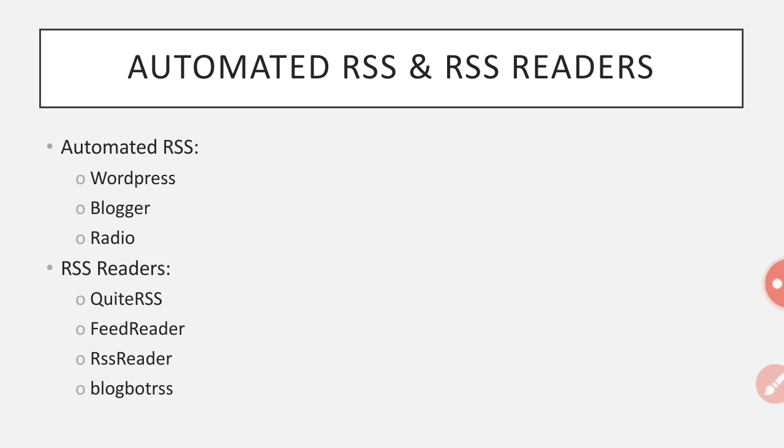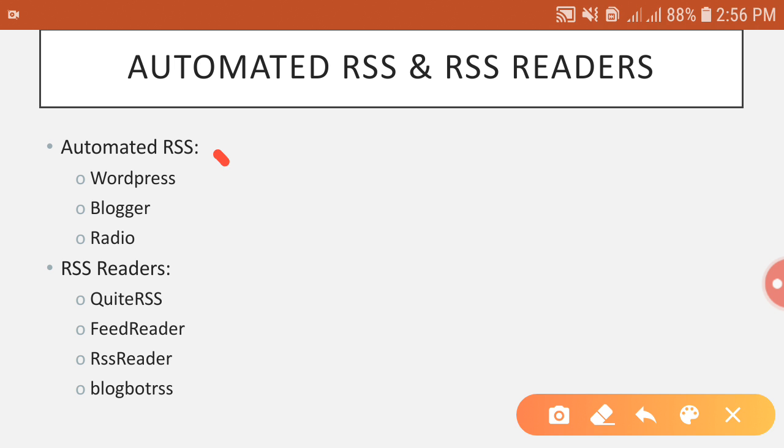So these are the examples of automated RSS. For users who only need an RSS feed for their personal websites, some of the most popular blog managers that offer built-in RSS services are WordPress, Blogger and Radio. Okay, you can use them.